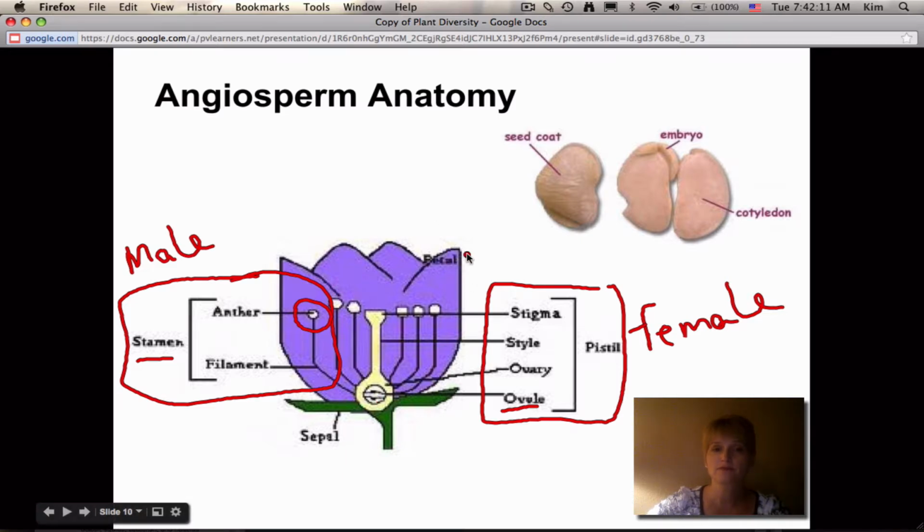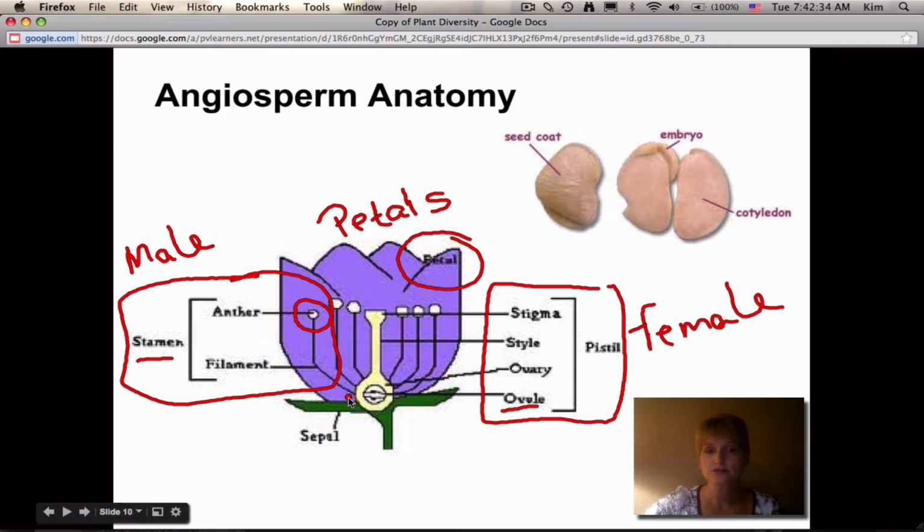And the angiosperms also have petals. So that word is petal. It's hard to see on this picture. But petals are a great adaptation for angiosperms because they are generally bright and colorful, and they also can be scented, and that attracts pollinators.